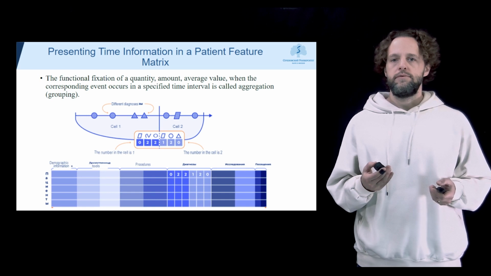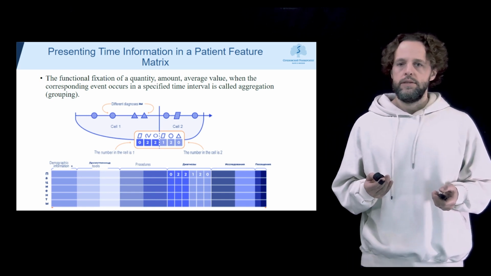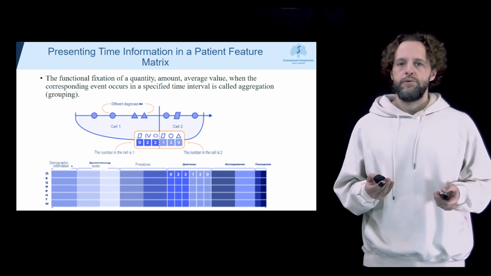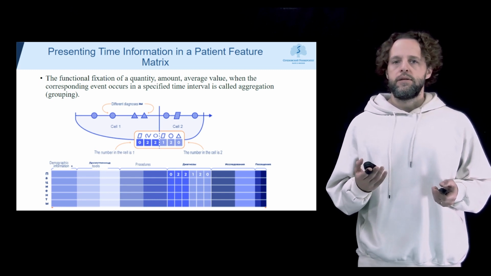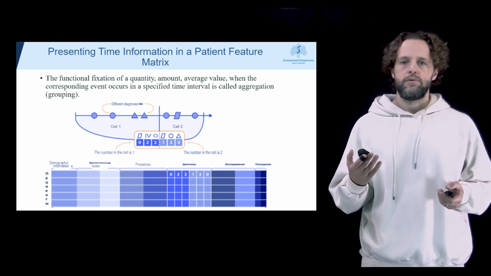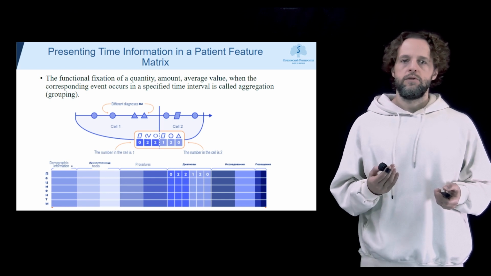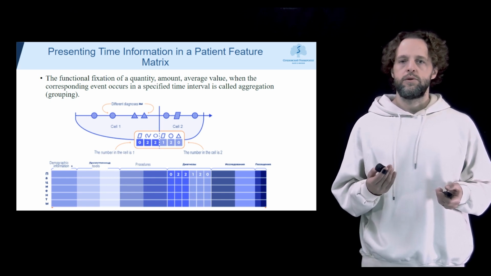First, a quick definition. Computing a function of a quantity, such as an amount or average value, when the corresponding event occurs in a specific time interval is called aggregation or grouping. Let's take a closer look at how it works.